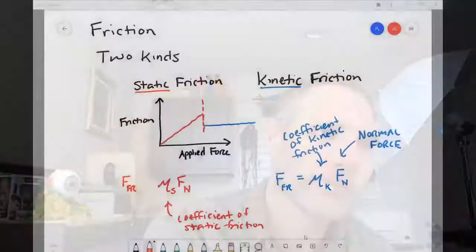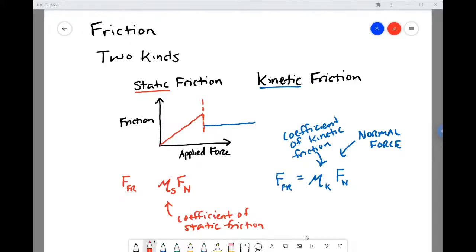So this product of mu s, the coefficient of static friction, and the normal force, you think of as the maximum amount of static friction that can be supplied in a given situation. In my picture here, this number right here would be the value of friction right there before the thing starts sliding. It's the maximum amount of static friction.